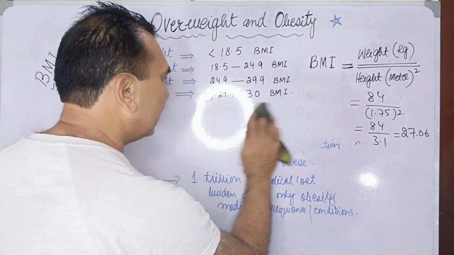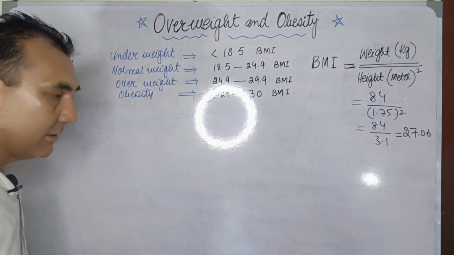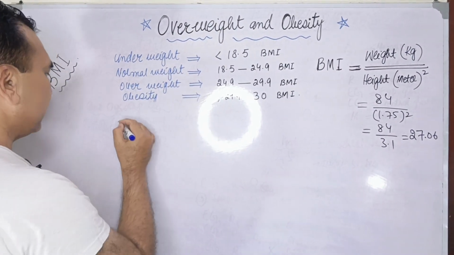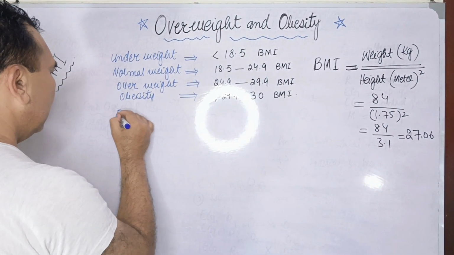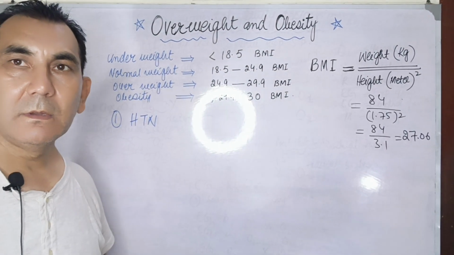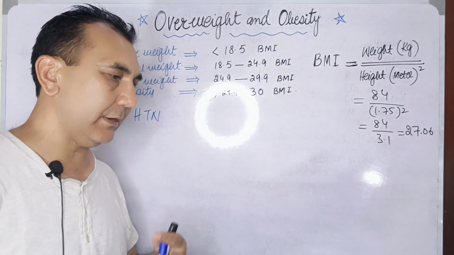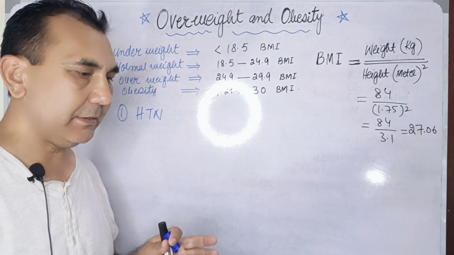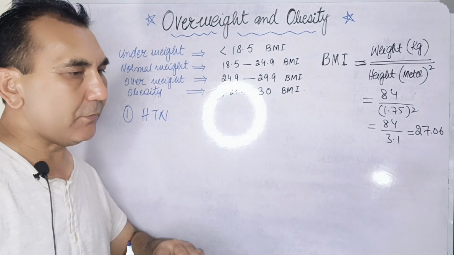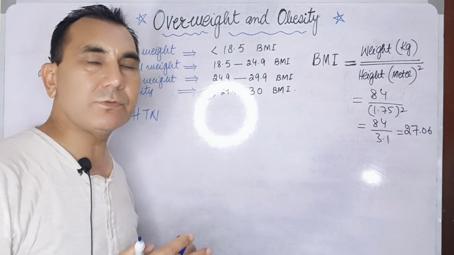Let's go through what diseases happen with obesity. The first one is hypertension. When any person falls into overweight and obesity, his blood lipid profile increases, and when the lipid profile increases, it increases the viscosity of the blood.